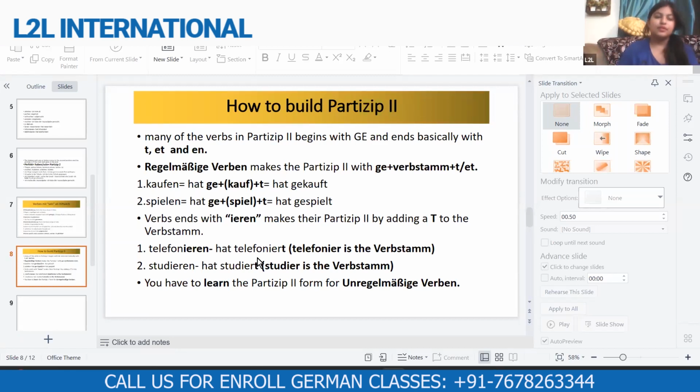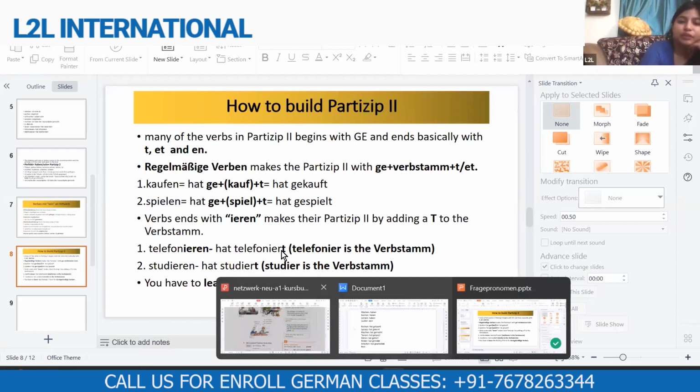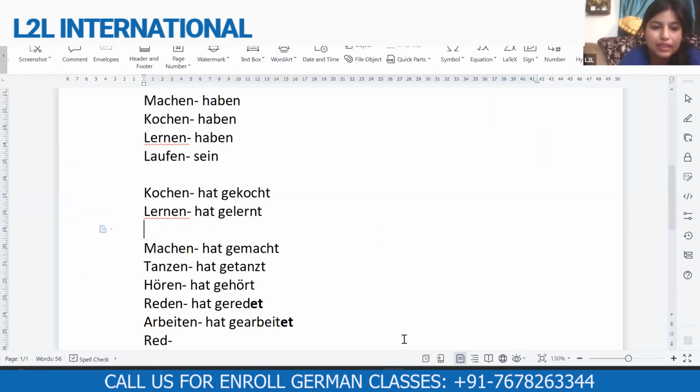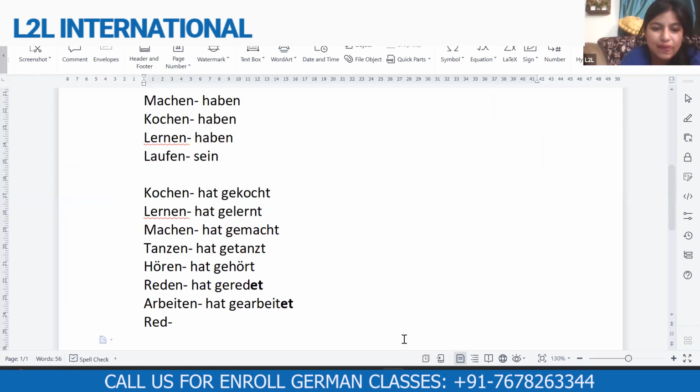Telefonier is a verb stem, so we just need to add a t and it becomes telefoniert. For example, how do we make it for the word reservieren? I'm giving you a word that ends with ieren. We just need to add t to the verb stem. What should it be?